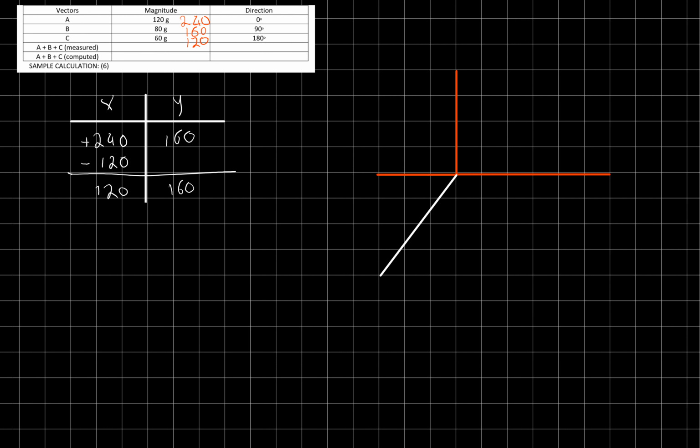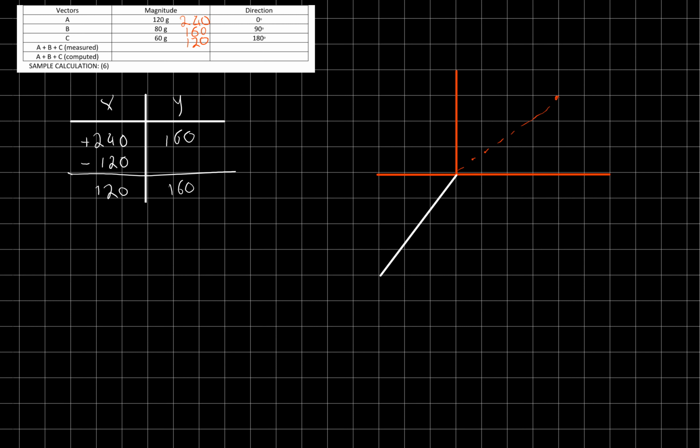So technically, if all of these forces are added together, they're going to go in this direction right here, so 160 and 120, so somewhat this is the resultant force.